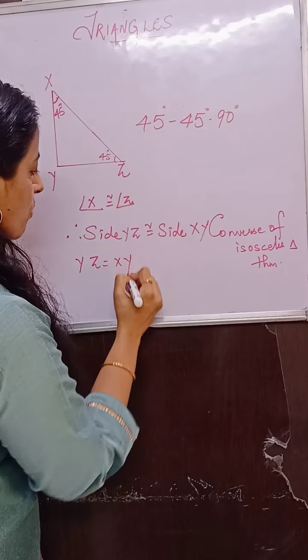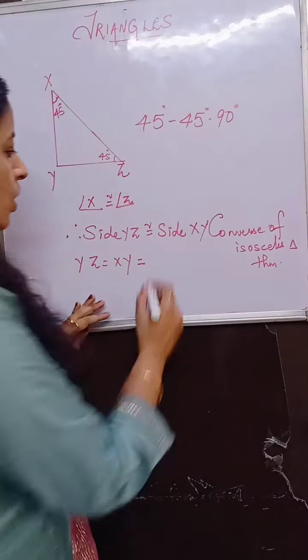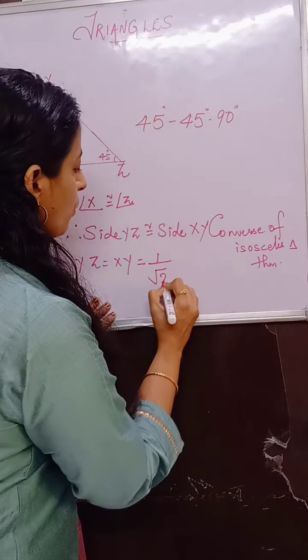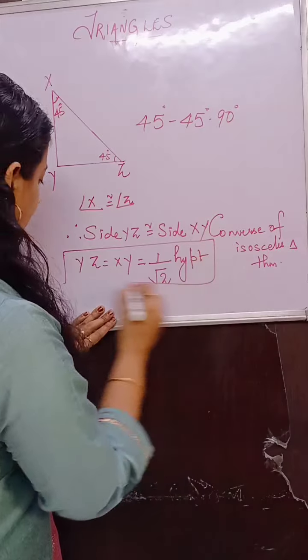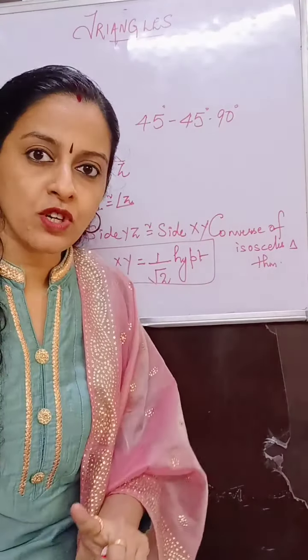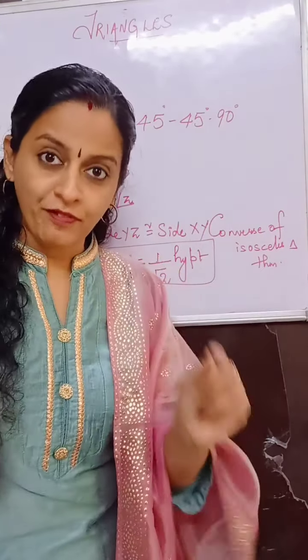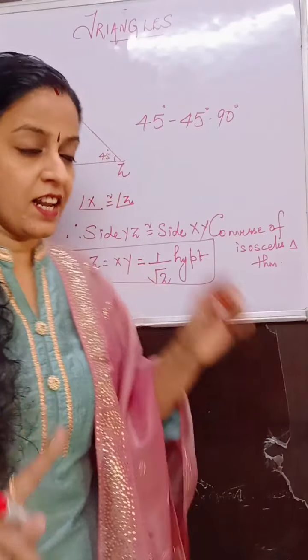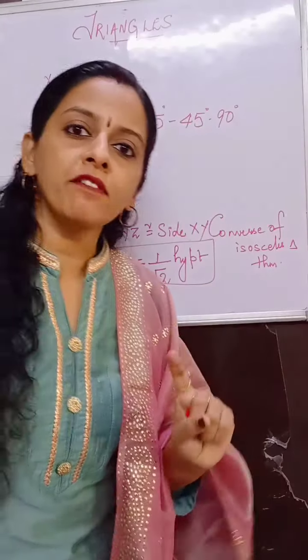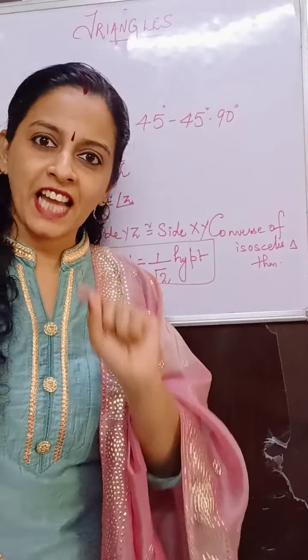One more thing that you get from these congruent sides: YZ is equal to XY, which is equal to 1 upon root 2 of the hypotenuse. See children, this property will be true only for a 45, 45, 90 triangle, not for a 30, 60, 90 triangle.